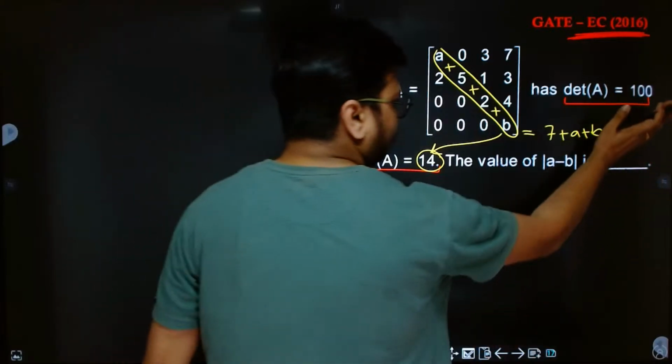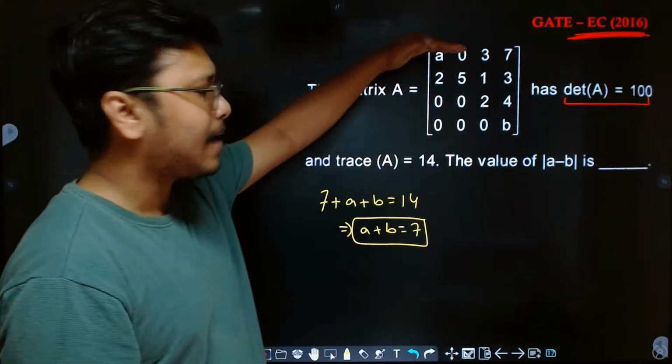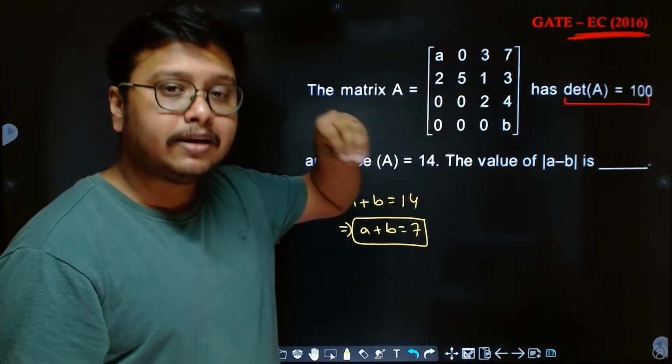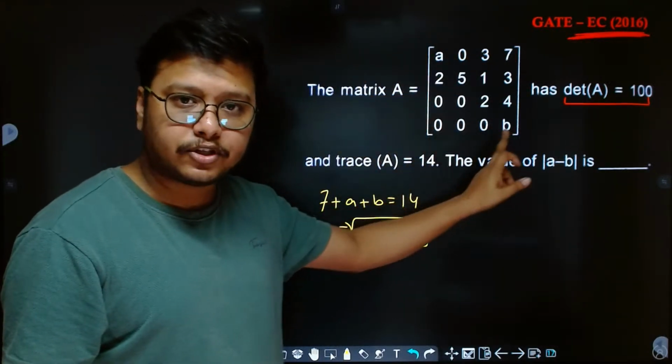Now use your brain to find the determinant. Don't start expanding from the first row. Be a little careful. You can see many zeros over here, so take the help of the zeros.